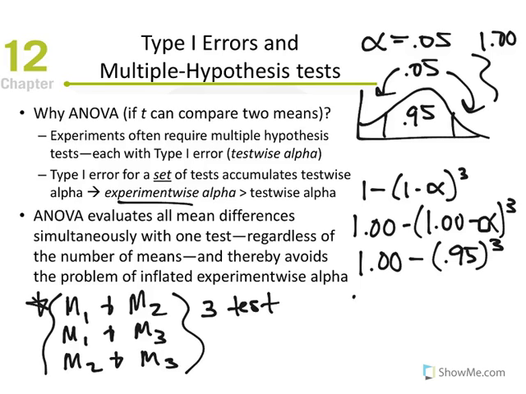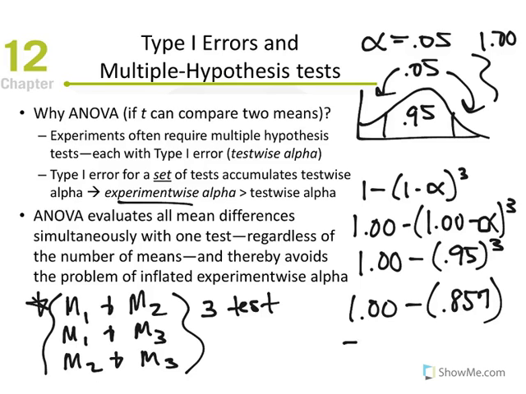In our calculators, 1.00 represents the entire proportion, or 100% of the distribution, minus 0.95 cubed, which is equal to 0.857 if we round. And now if we take 1 minus 0.857, what we're calculating is the overall experiment-wise alpha if we were to perform 3 separate hypothesis tests.